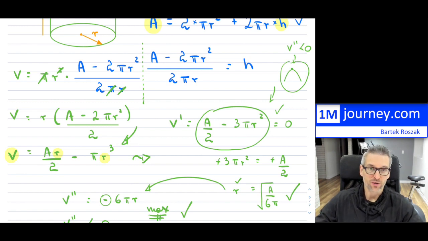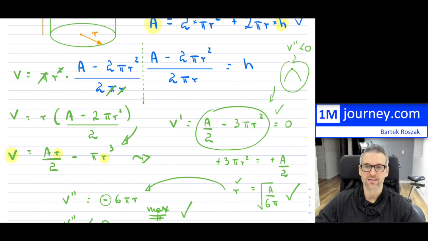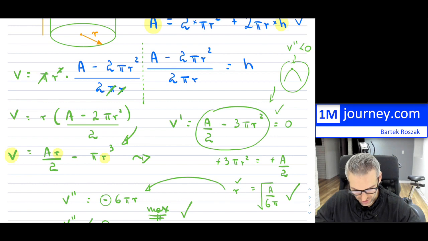Now, whenever in doubt, you can also graph this. You can pull up Desmos, for instance, graph the function, and see for yourself how it looks and whether it is the maximum or not. Now, I am pretty confident in this strategy, so I'm going to leave it as it is for the moment, and maybe we'll use a graph for the second example, which is coming up.